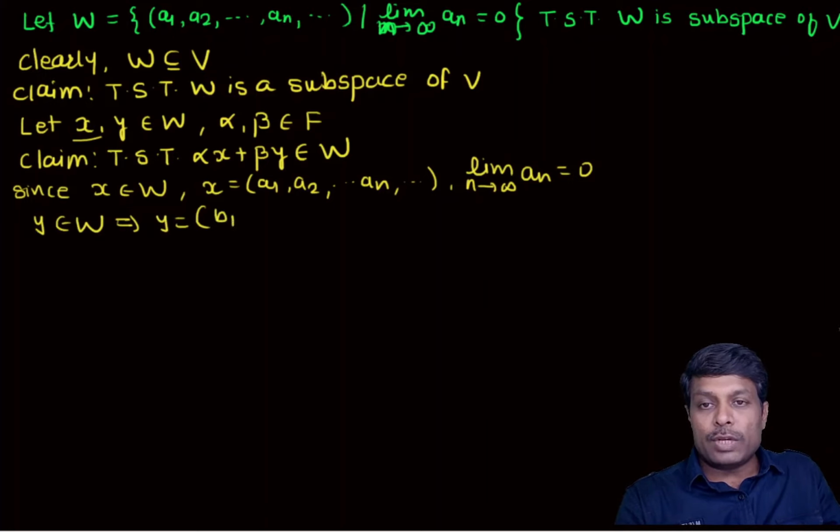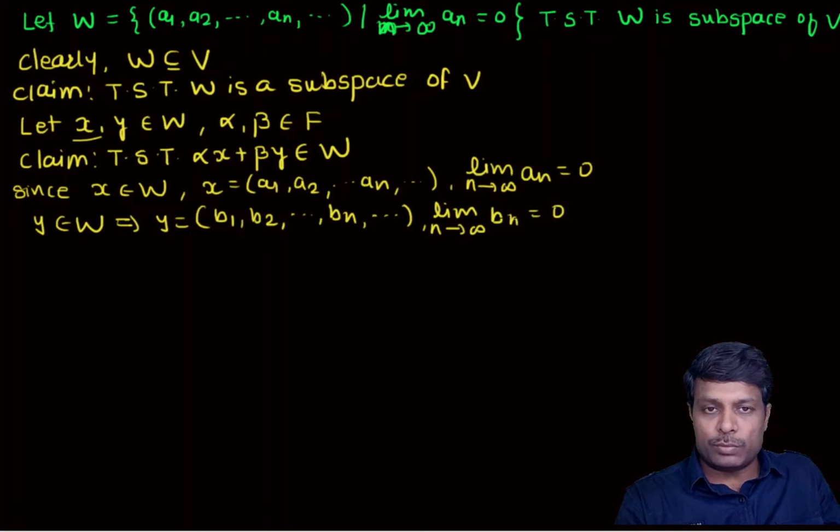So we can denote it by b1, b2, and the nth term should be bn, and so on. And also this sequence must converge to 0. That means the limit as n tends to infinity of the nth term, that is bn, is equal to 0.